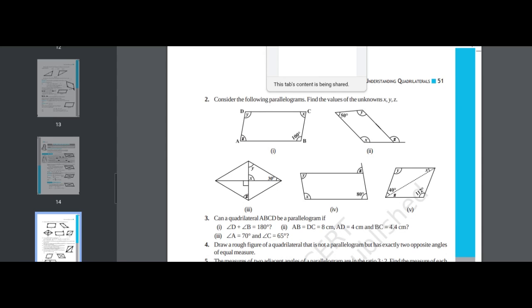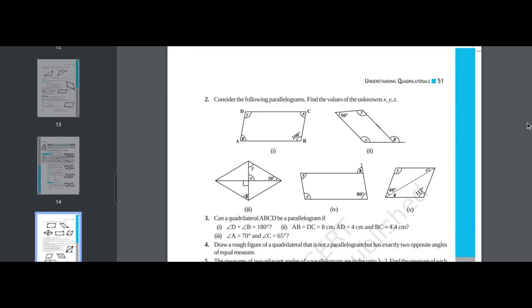In the third part, we have a diagram that looks just like a kite. Here we have the angle 30 on one side, and the other angles x, y, and z we have to find.